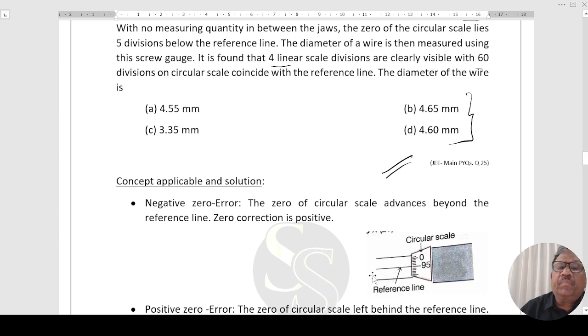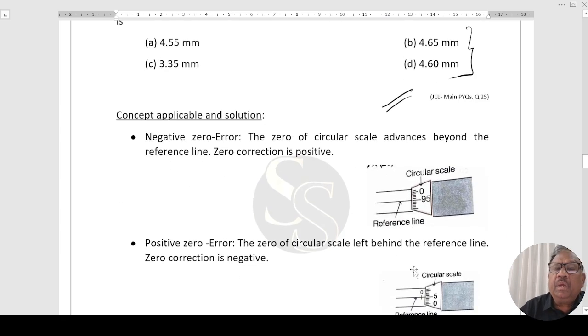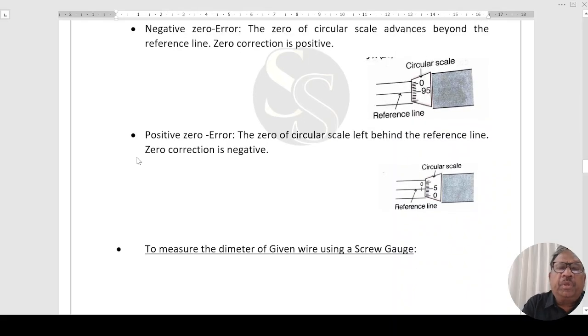In this case, error is there because when no measuring quantity lies between the jaws, the zeros are not coinciding with the reference line. In this case, positive zero error is there. Zero of the circle lies below the reference line, so zero correction is negative.